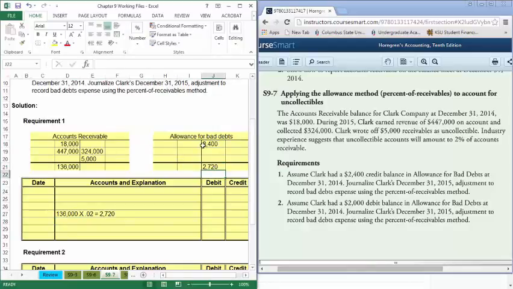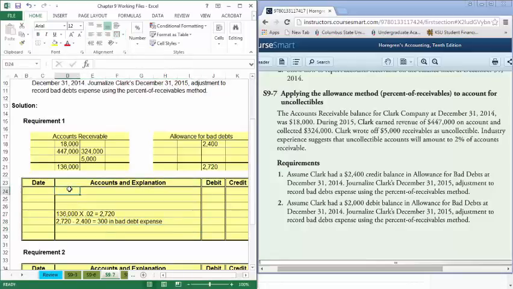So to get the allowance for bad debt accounts to be $2,720, we have to do a credit entry of the difference. So we're going to take $2,720 minus the $2,400. That equals $320 in bad debt expense.